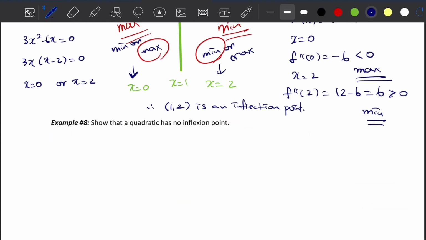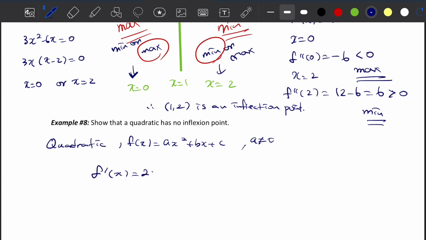So example number 8, we need to show that a quadratic has no inflection point, right? We know that a quadratic is in the form f of x equals ax squared plus bx plus c, where a is not equal to 0. That's the form of the quadratics. So the first derivative of the quadratic is 2ax plus b, okay?